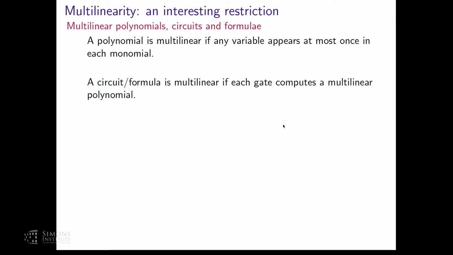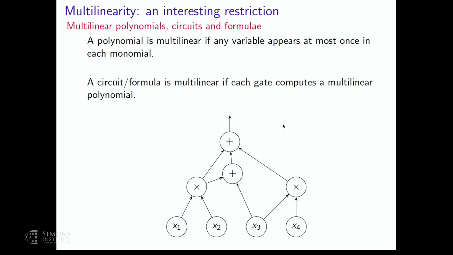It's slightly different from syntactic multilinear, where you also assume that for a multiplication gate, the two subtrees don't share variables. Here it could happen, but every node eventually computes a multilinear polynomial. And this is the running example, which is also a multilinear polynomial, very trivially.